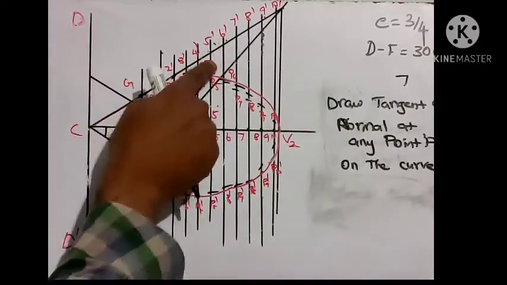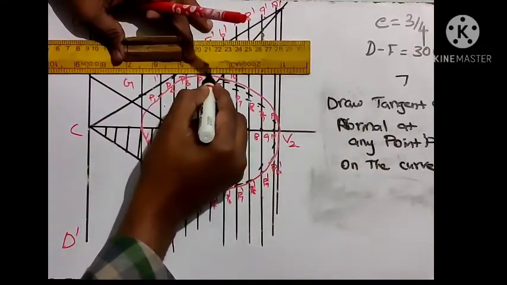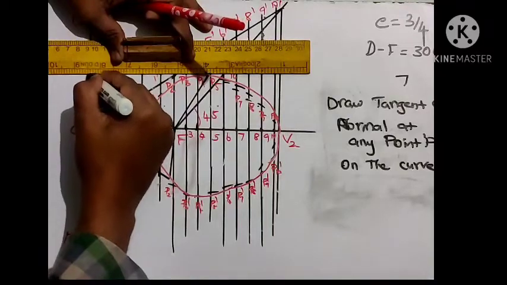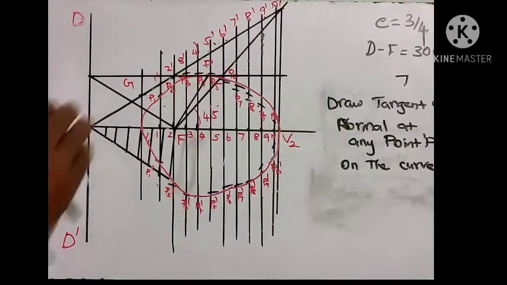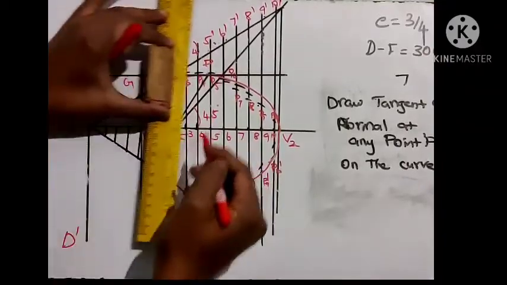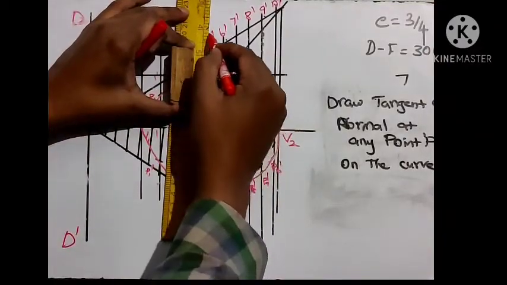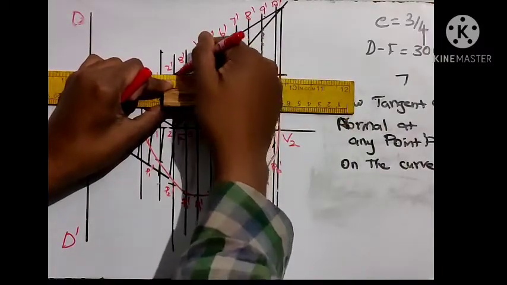From that point, you need to connect to the point P, something like this. This line is nothing but your tangent, and the line perpendicular to that is your normal. So this is your normal and this is your tangent.